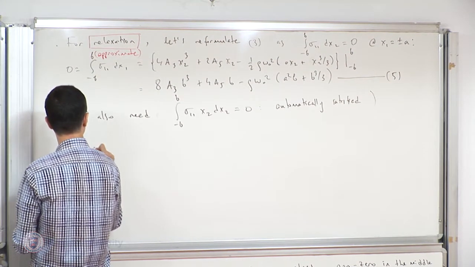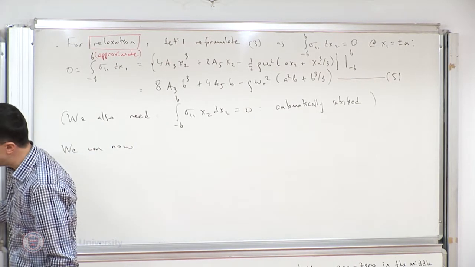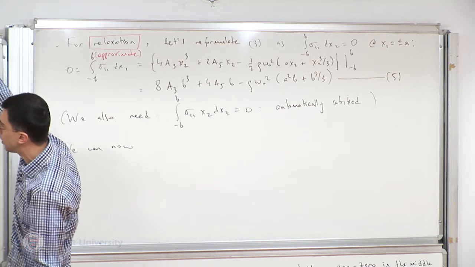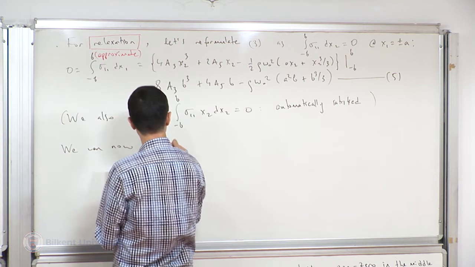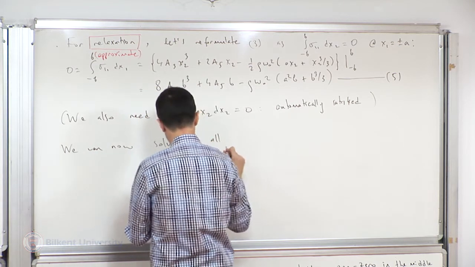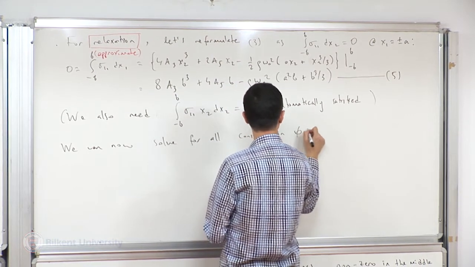We can now, and for this I'm going to do another sliding up, because just to remind you what we were doing, we can now solve for all constants in our area stress function.